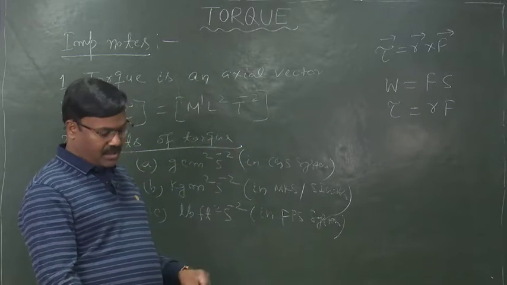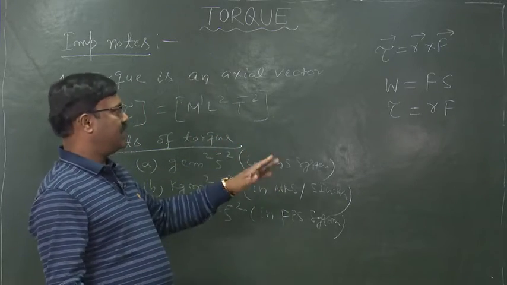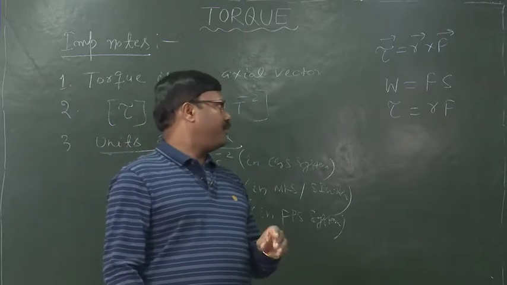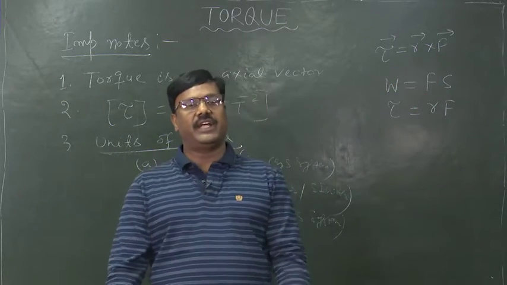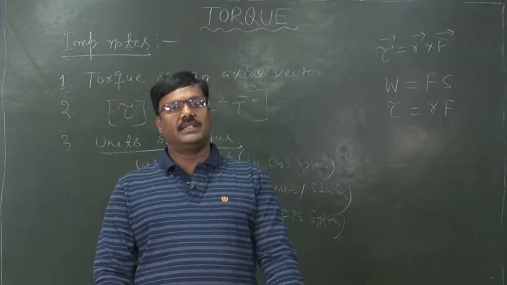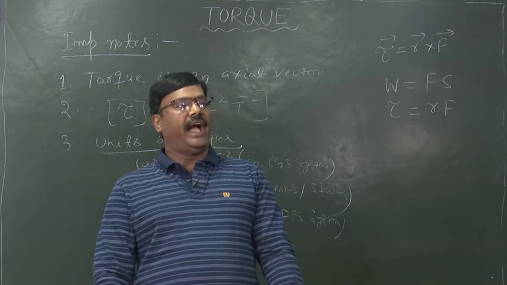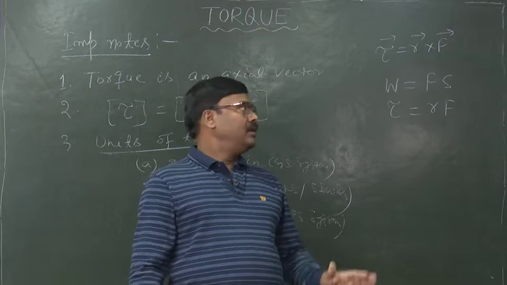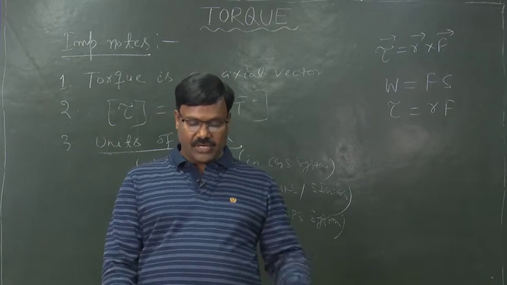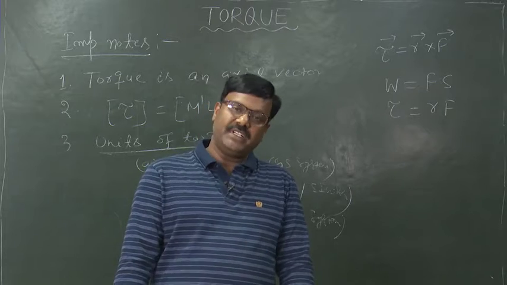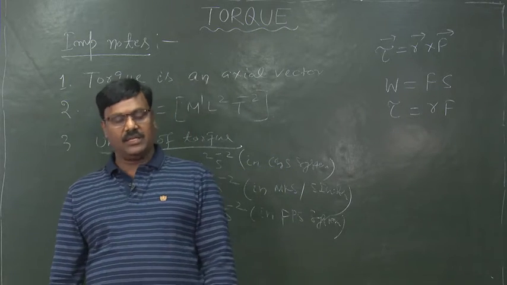The direction of torque, as we have discussed, is always perpendicular to the plane containing R vector and F vector according to the right hand screw rule, that is, along the axis of rotation. And this torque is also known as the moment of couple.